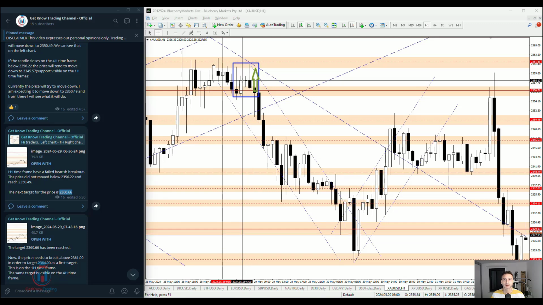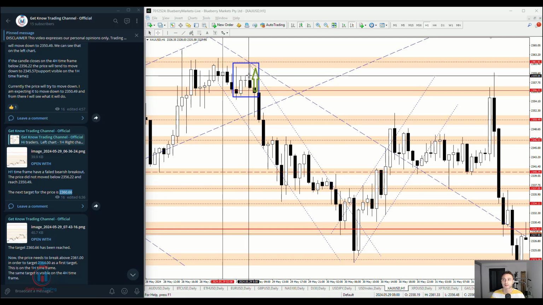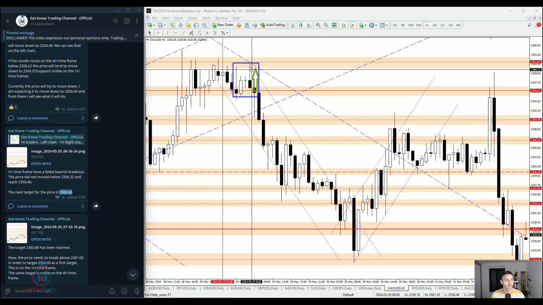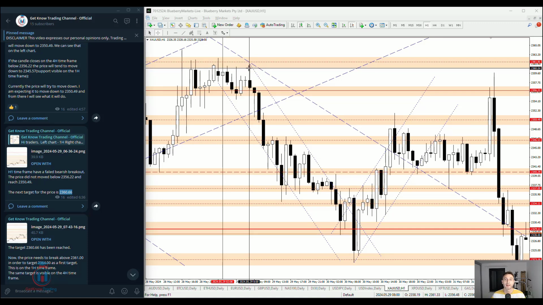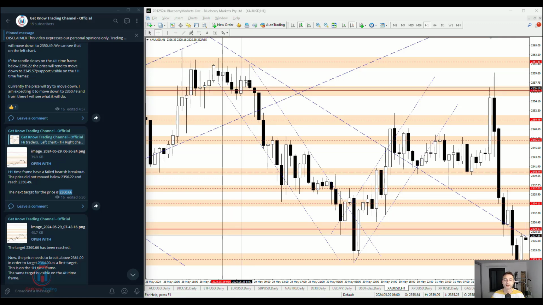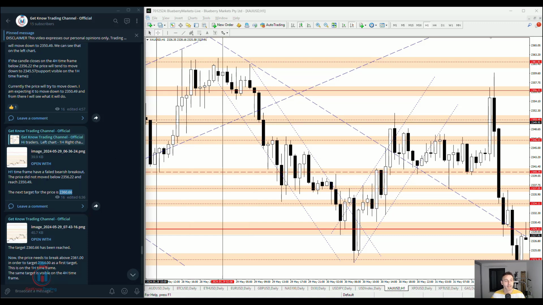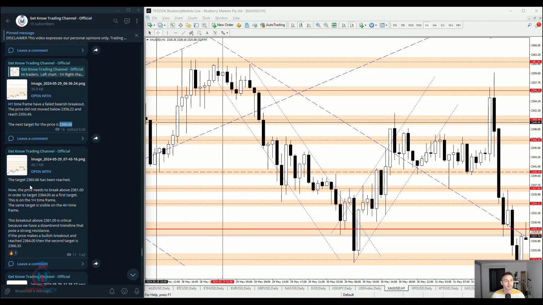When the price has reached it, I have said that the price is expected to reach 2360.66, and in this case the price has reached it right there. So this was a second trade, which is a second analysis, and it has been correct. So the first one failed, the second one was correct. Then after that, the target has been reached.